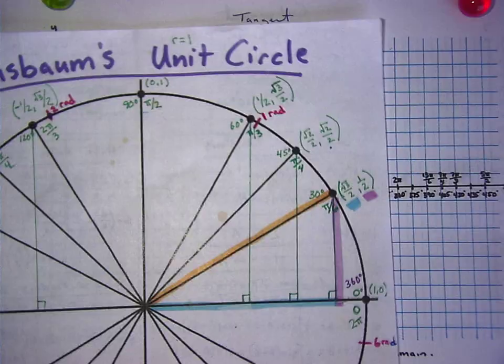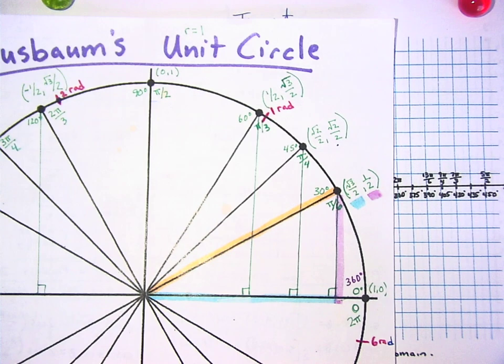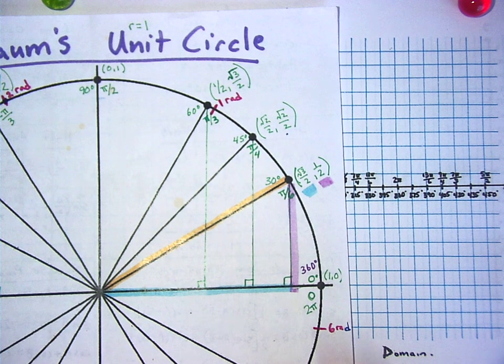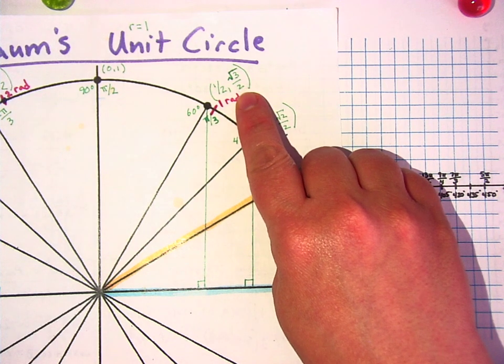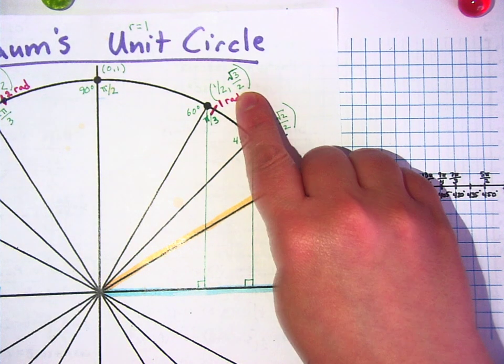60 degrees. How do we figure this one out? Right, try this in your calculator right now. See if you can do it. Square root of 3 over 2 divided by 1/2.